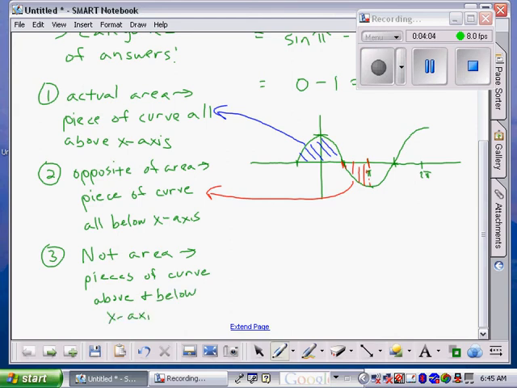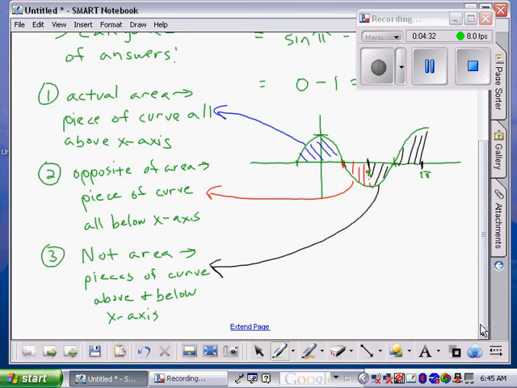So that if you really wanted to find the area, you would have to do absolute value of each piece. So for example, if I did from pi to 2 pi, I would end up with 0 because they would balance out, but that is not the area.